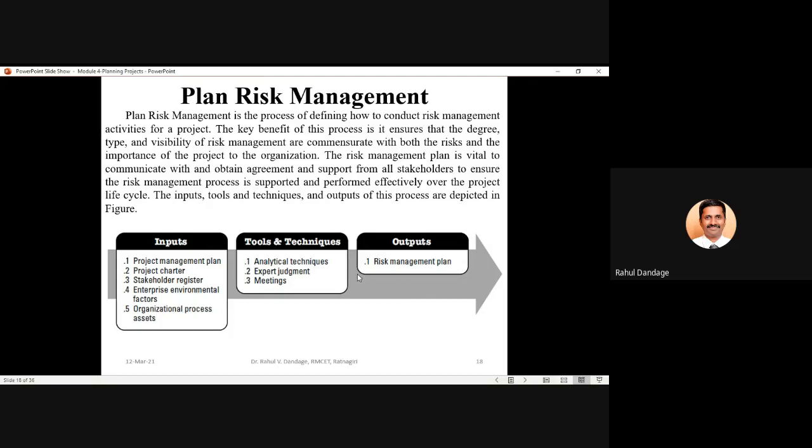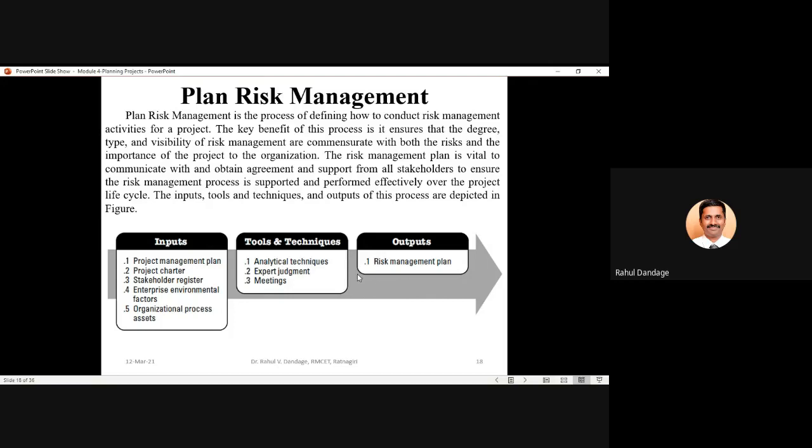You may also observe that these are common inputs to almost all the processes in all 10 knowledge areas, because they are required for anything to be executed in your project.